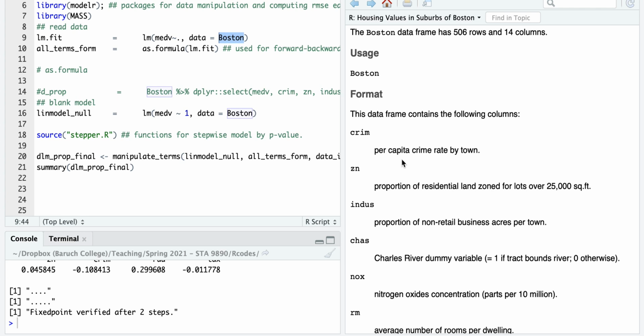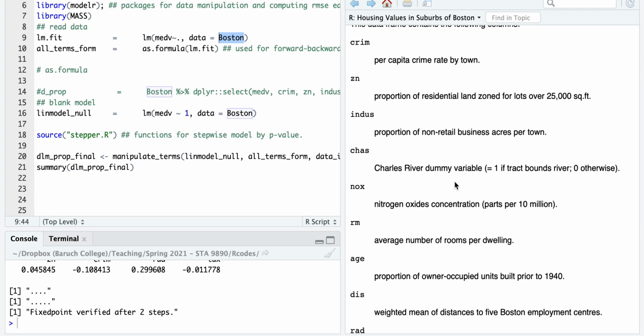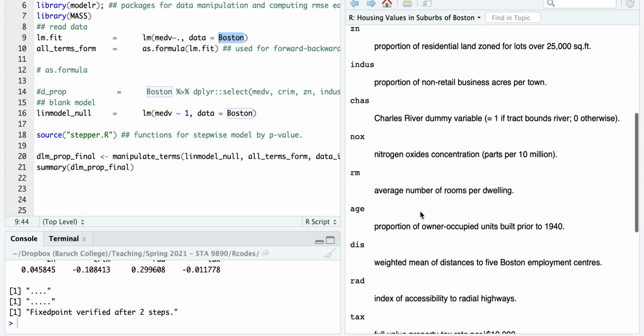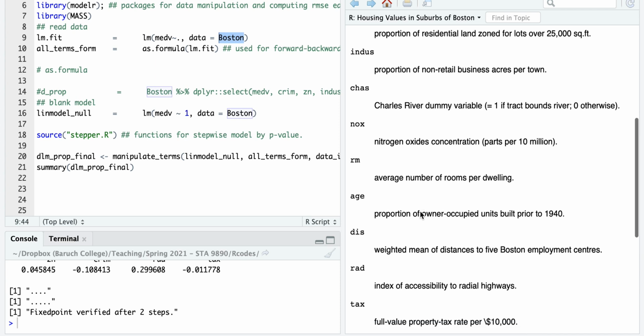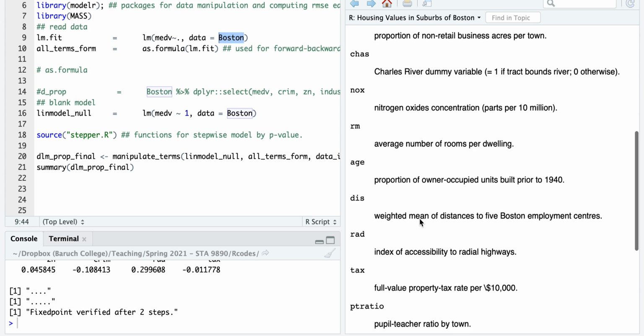per capita crime rate, proportion of residential land zoned for lots over 25,000 square feet, and proportion of non-retail business acres per town, the relationship of the neighborhood with the Charles River, nitrogen oxides concentration, average number of rooms, proportion of owner occupied.